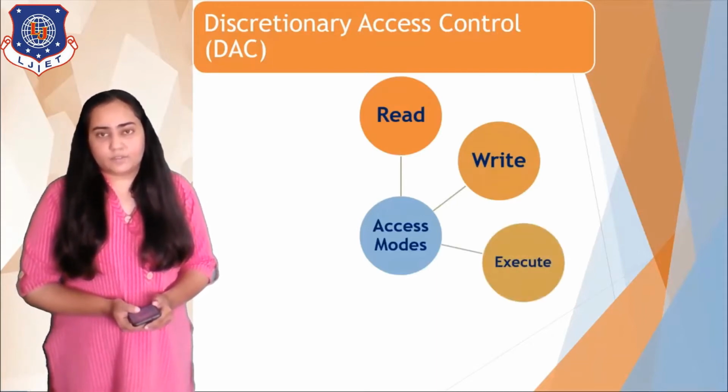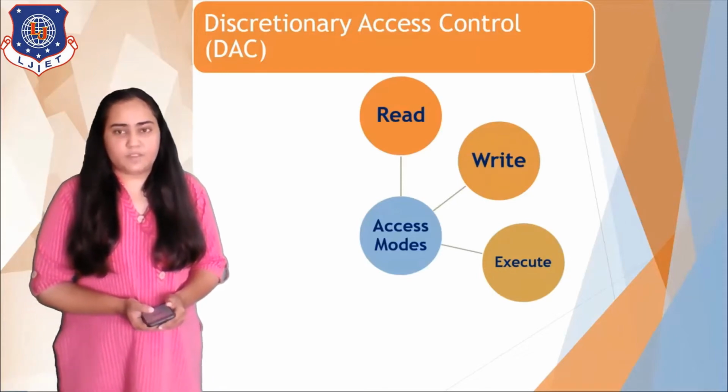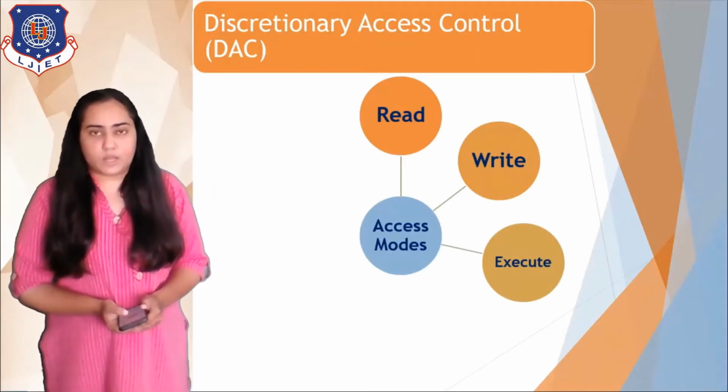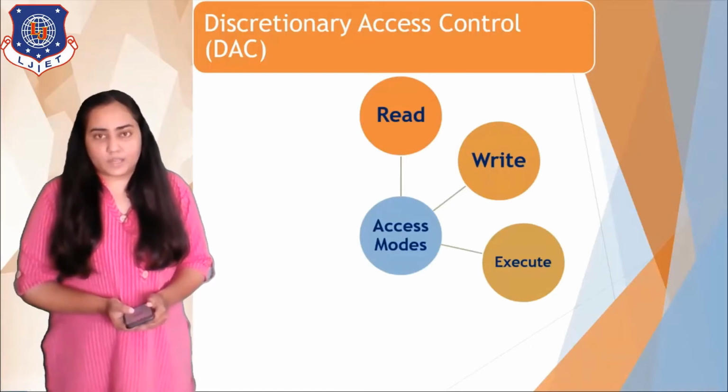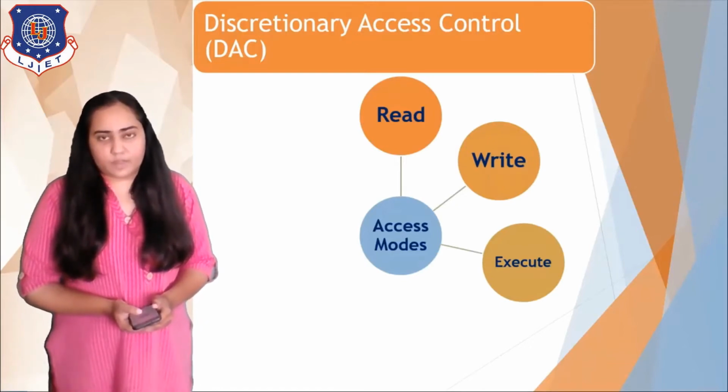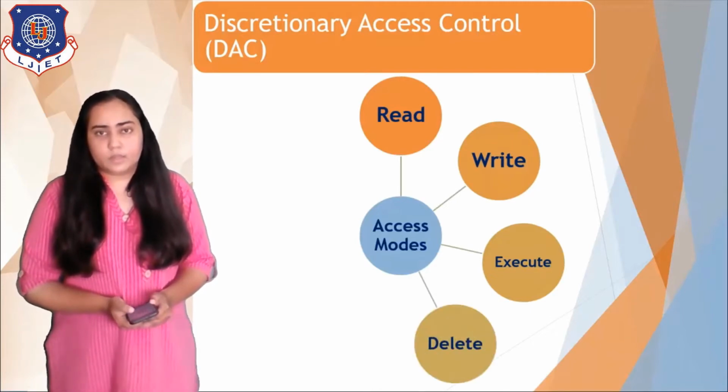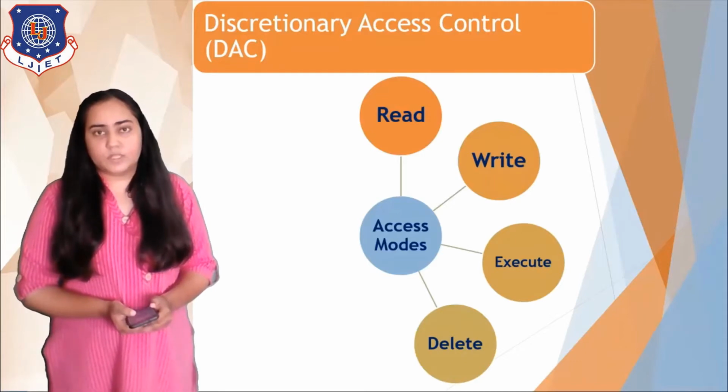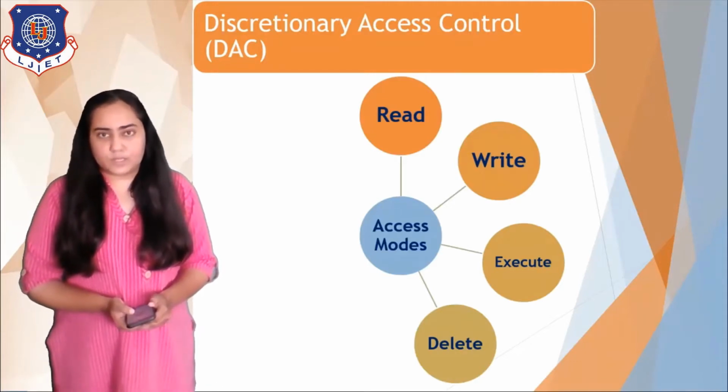And then we have the execute mode. So if you have a .exe file and you allow the user to have an execute access on that file, then the user can run that file. Then the user has the delete access mode. Delete access mode allows the user to delete the file if he so wishes to do so.